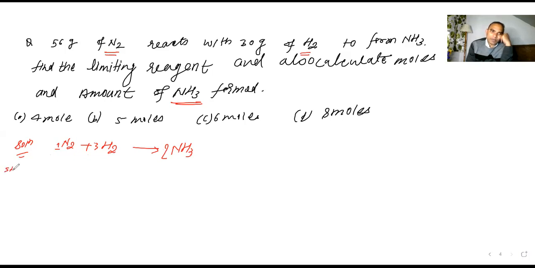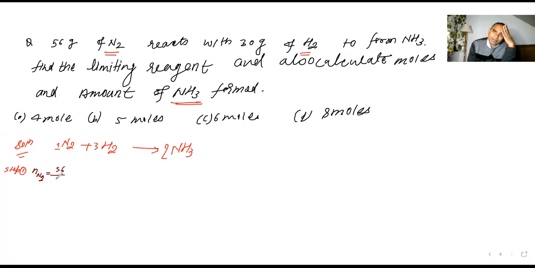Step number 1 to calculate the limiting reagent: calculate the moles of each reactant. Moles of N2 is given mass 56 over molar mass of N2.